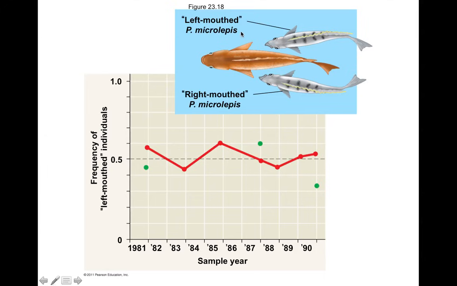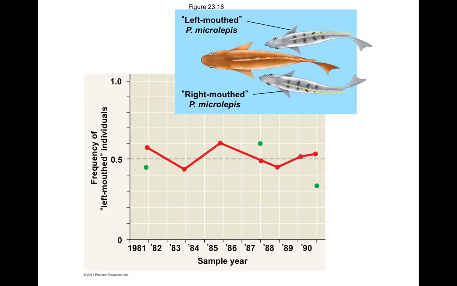So they can come in left-mouthed and right-mouthed morphs, because they come up and they attach to these fish and parasitize them. Now, if you have all of one type of fish, then the hosts are going to be better able to resist them.